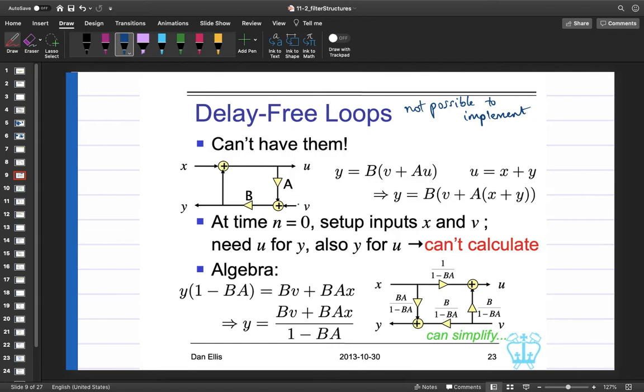And my v is another input. There are two inputs, x and v are the inputs, and this output of this summer is what? It is au plus v, and y is b times this. So b times au plus v, and u is x plus y. So this is what I get. Y is equal to b times v plus a x plus y.